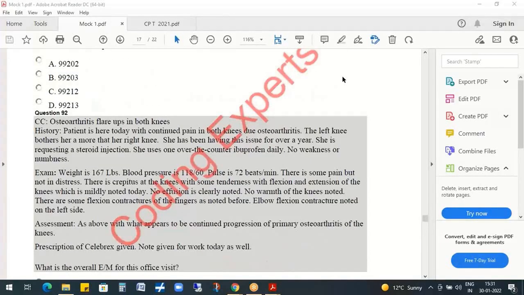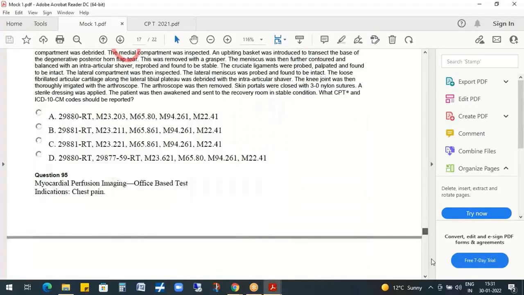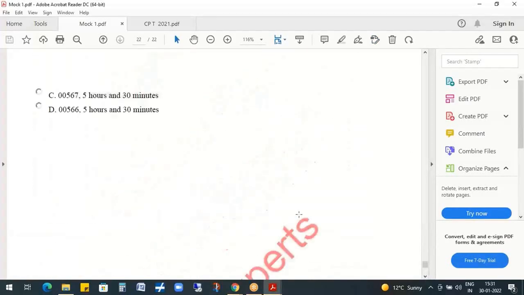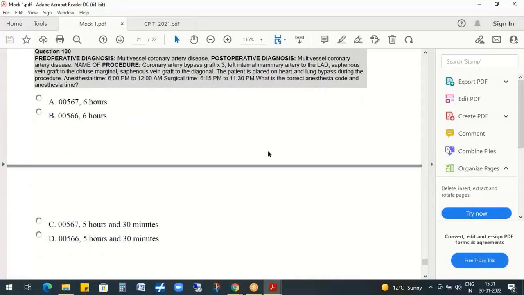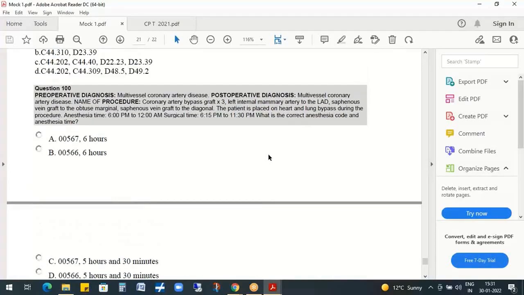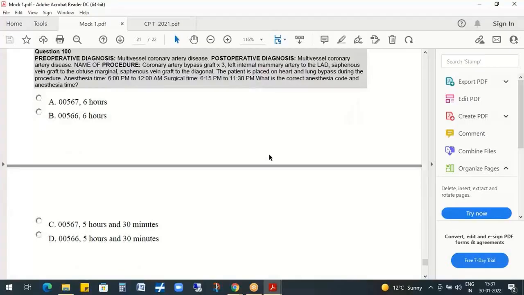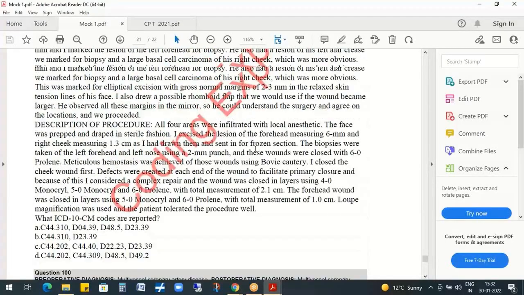Okay, now see the last 10 questions, case studies. For procedure related case studies, how to do. See, the 100th question is not that difficult to code. Anyone faced any difficulty in 100? No, I think so.